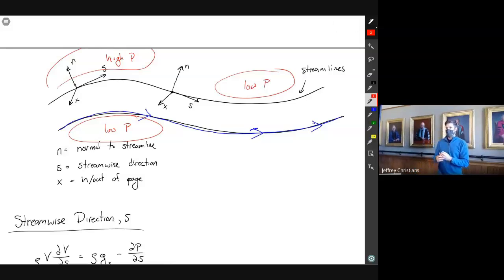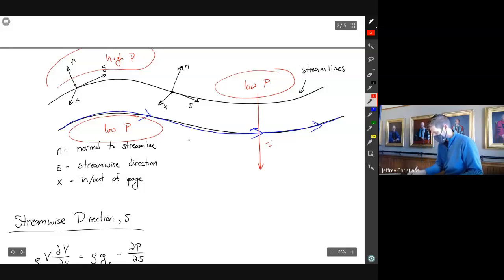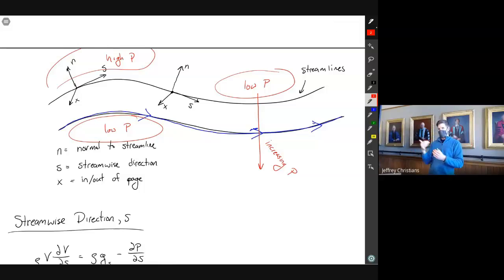So you can get a sense of how the thing is curving, and that's related to what the pressures are. It's always going to curve around the low pressure areas of the flow. The inside of a curve is going to be low pressure. The outside of the curve is going to be higher pressure. Or another way to think about it, pressure goes up as you go this way. As you go out from the center of a curve, pressure is going to be increasing.